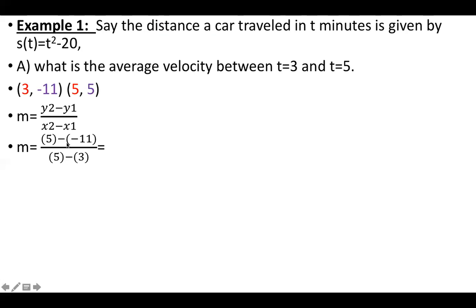So be careful, because this double negative is going to become a positive right here. So then 5 plus 11 is 16. 5 minus 3 is 2. So for this problem, the average velocity is going to be 8 feet per minute. So that's part A. What is the average velocity? These are the steps on how to complete this problem. Let me know if there's any questions on part A for this one.